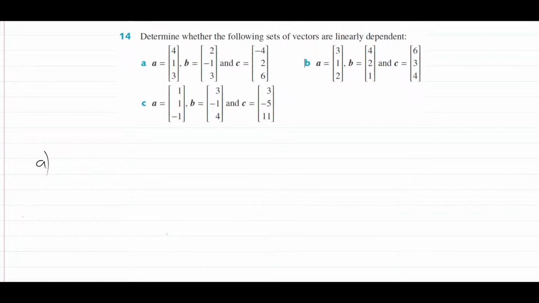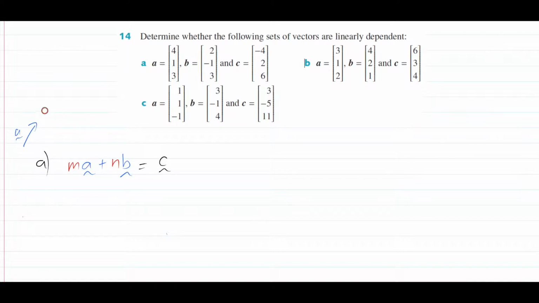A set of vectors are linearly dependent if you multiply a scalar, so m times vector a, plus n times vector b, where m and n are your scalars, your coefficients, your numbers. So if you multiply a by a scalar, plus multiply b by a scalar, you add them together, and if you manage to get vector c, diagrammatically, it would look like this.